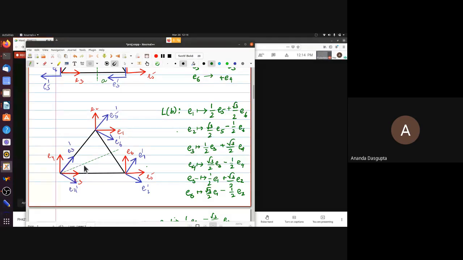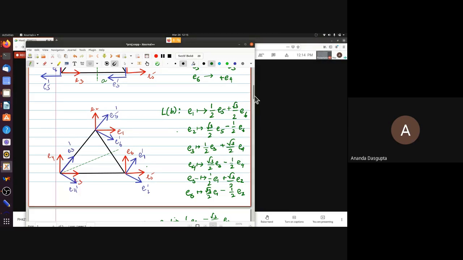Because this angle is 30 degrees. So this angle becomes 60. So you can easily figure out that E3 becomes half E3 plus root 3 by 2 E4. And similarly, E4, under a reflection in this line, it was making 60 degrees on this side, so it will now make 60 degrees on the other side. So it will actually make 30 degrees to the horizontal axis on the other side. And you can easily figure out what E4 is. And you can easily see that E3 and E4 both contribute half and minus half to the diagonal, and hence the trace again is 0.